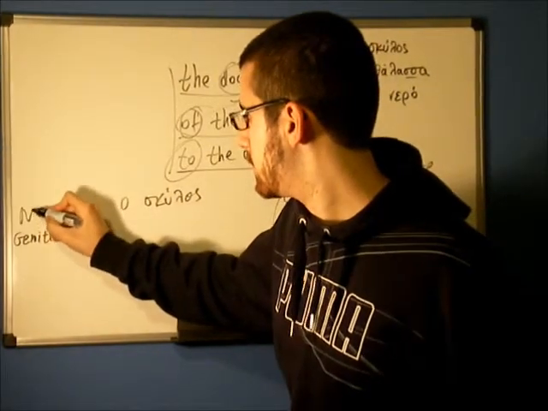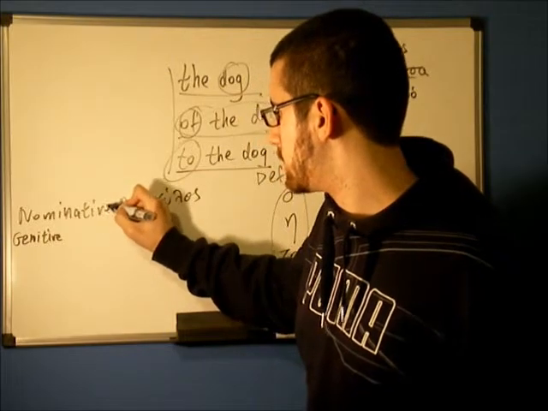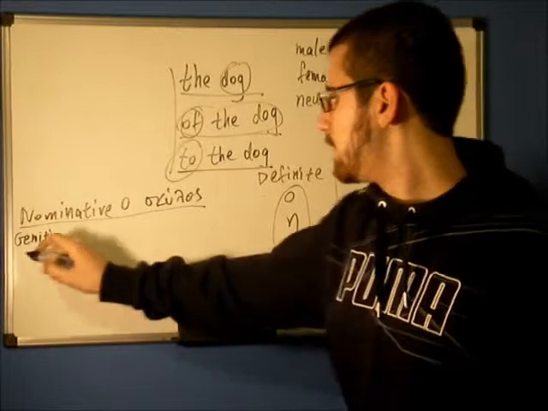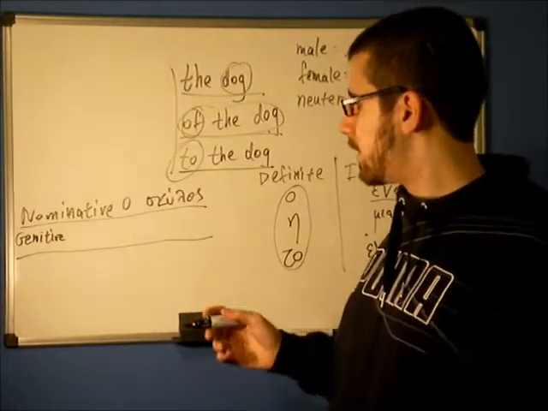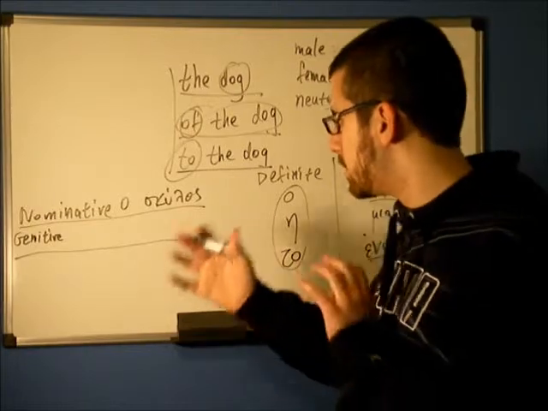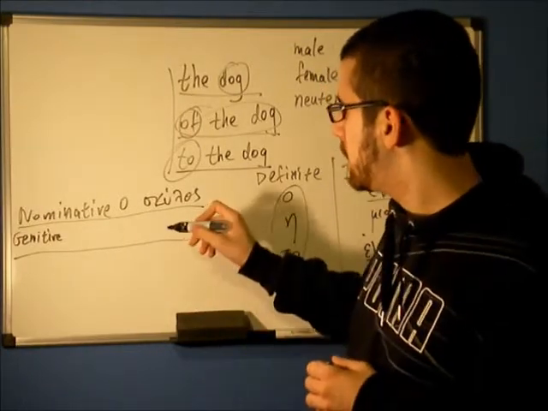This is nominative. This means this is the case that we call something with. Then for genitive, it's how you show that something is someone's property. It shows this kind of relation, property.